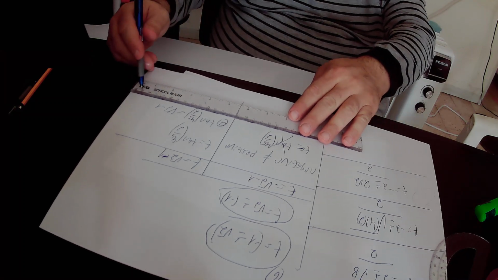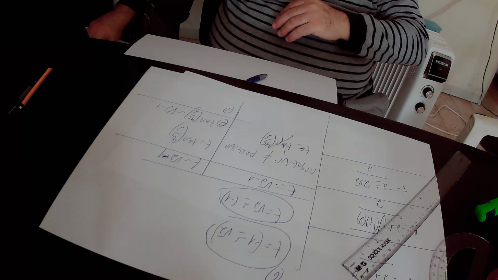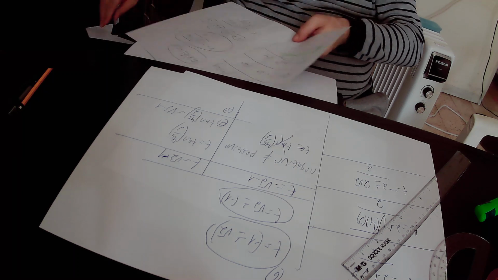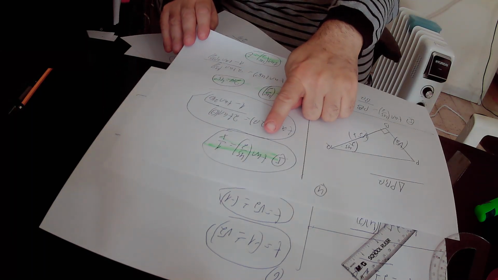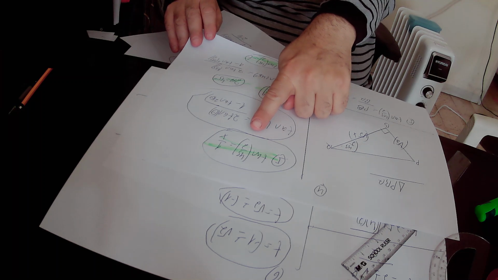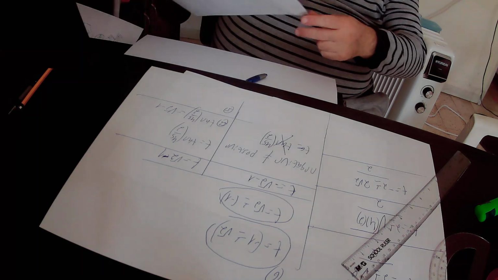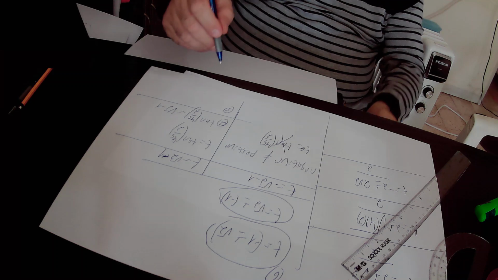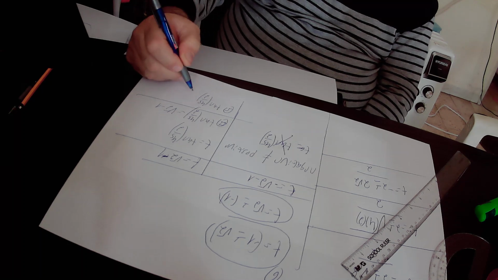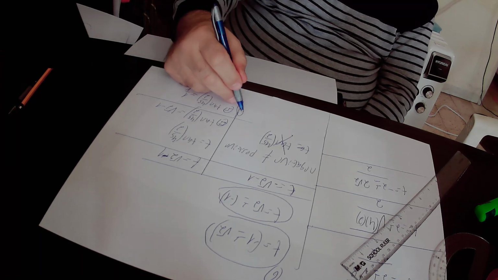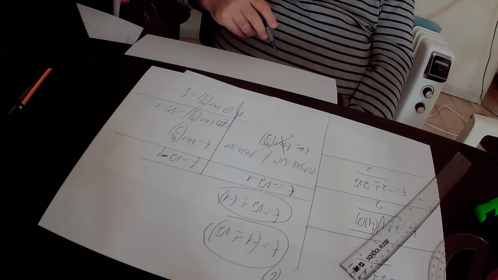While according to equation number 1, we have already found out that tangent of 45 over 2 degrees equals 1 over x. So we have two equations for the value of tangent of 45 over 2 degrees.